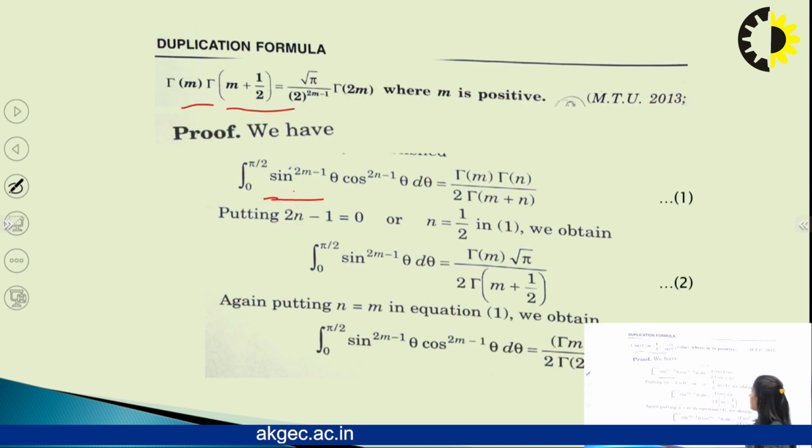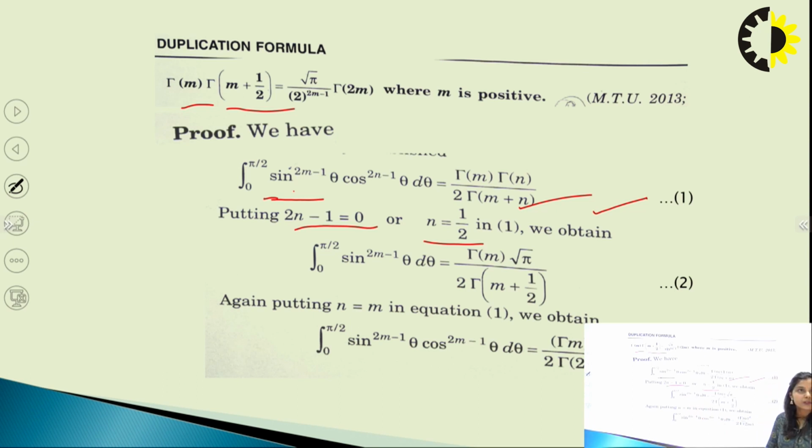So we are using this property here. Now we will put 2n minus 1 equal to 0, which implies that n is equal to 1 by 2 in this equation. So integration 0 to pi by 2 sin power 2m minus 1 theta d theta is equal to gamma m under root pi upon 2 into gamma of m plus 1 by 2.